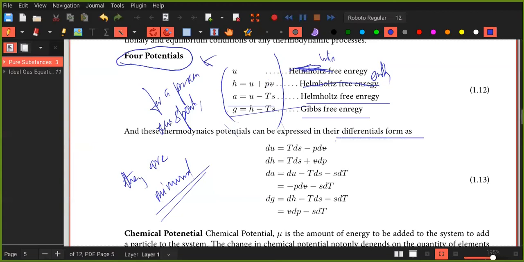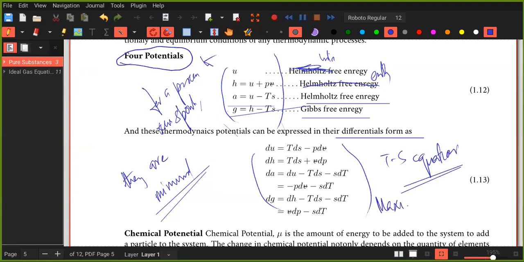So this will give us the 4 TdS equations, which is the basis for so many things to build, like the Maxwell's relations, like the Clausius-Clapeyron.